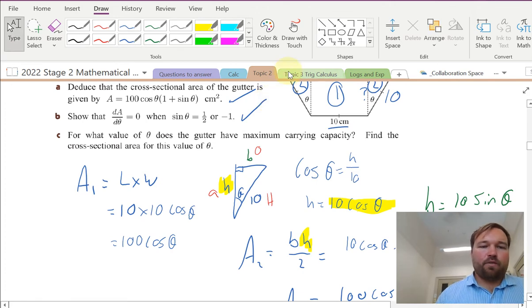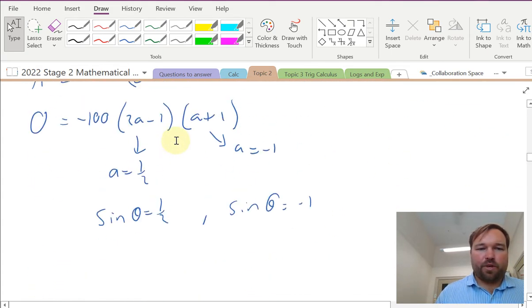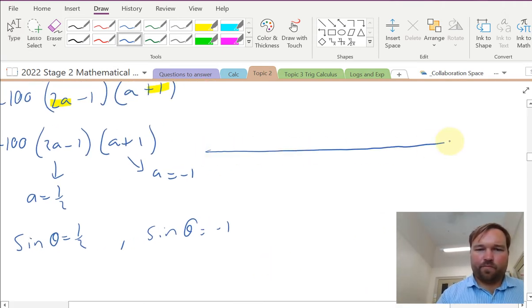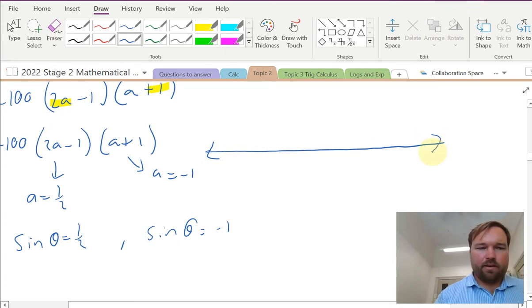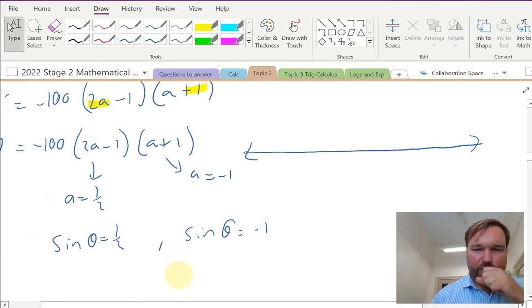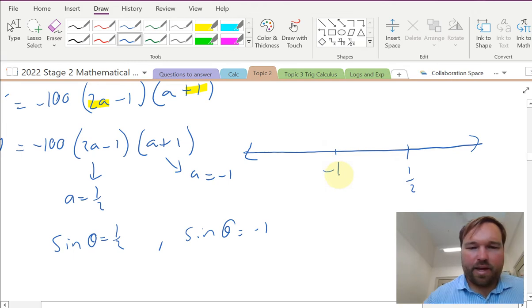Sweet. For what value of A do we have a maximum carrying capacity? Alright, so we have a sine diagram with little arrows on the end, a 1/2 here, a minus 1 there.